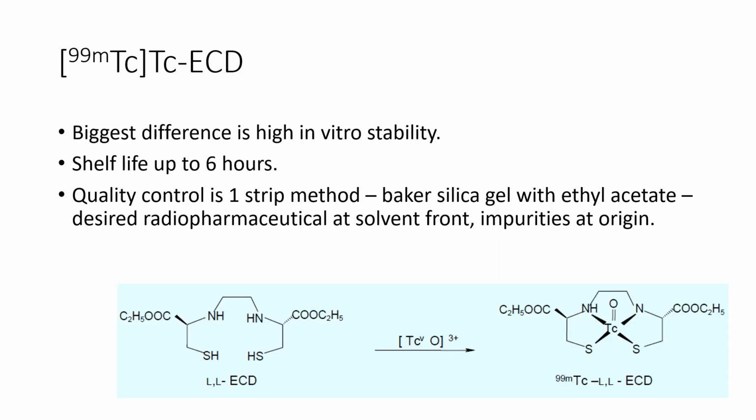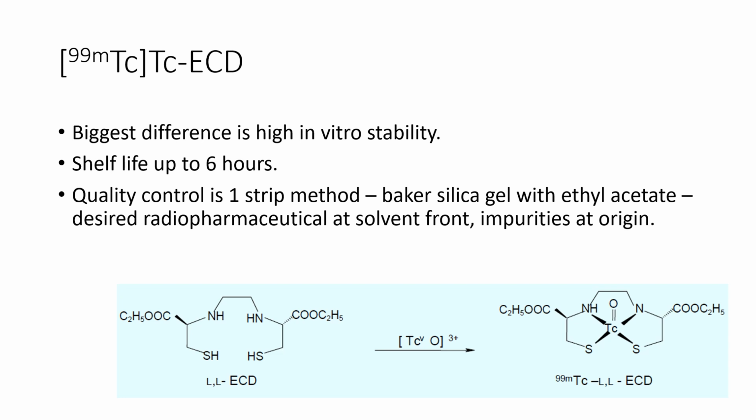Technetium ECD is the biggest difference. Of course, the molecule is different, but it is also neutral, not charged. It doesn't have a secondary non-lipophilic species, so the labeling is more robust. It has a shelf life of up to 6 hours because it's highly stable compared to, of course, HMPAO.